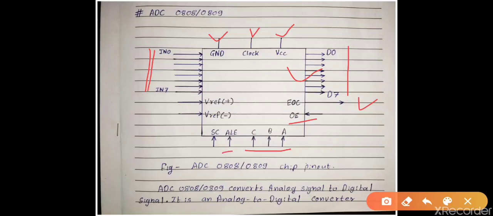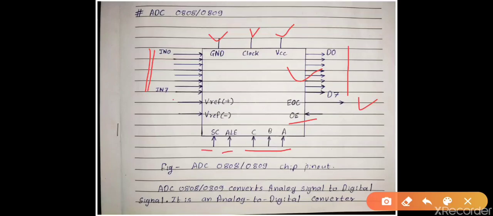ALE is address latch enable and it is used to activate the address decided by pins A, B and C. Next pin is SC. This is start of conversion. So when you set SC high, ADC starts conversion of analog input to 8-bit digital data.